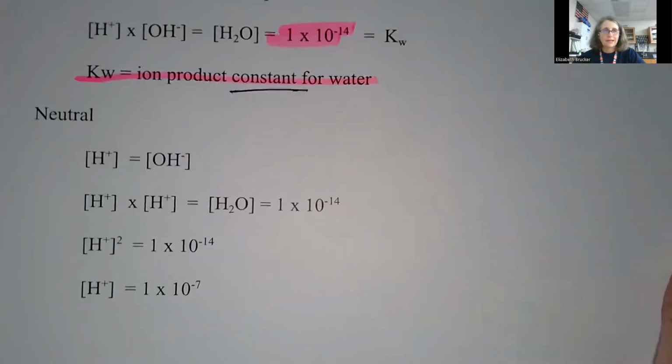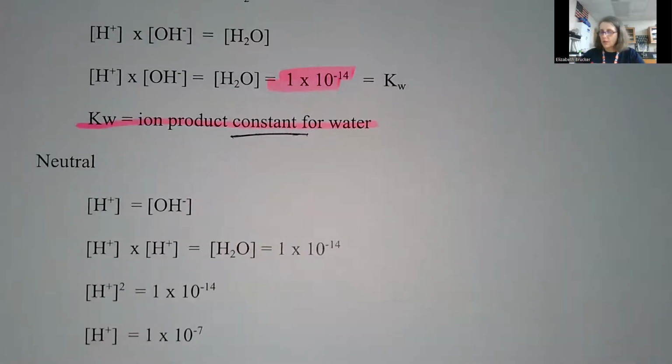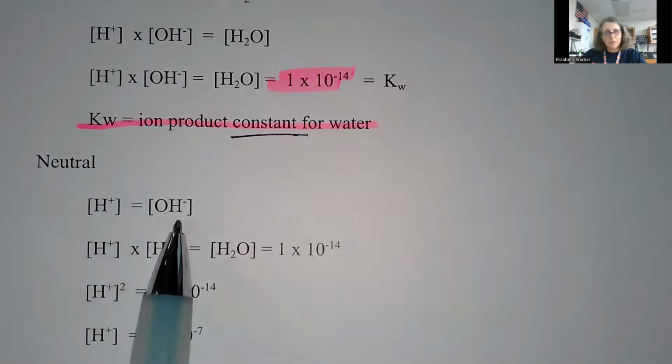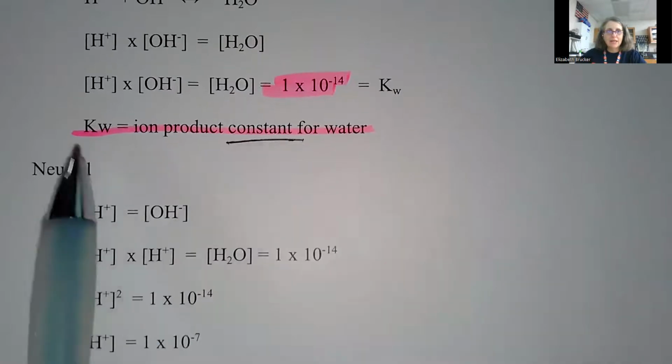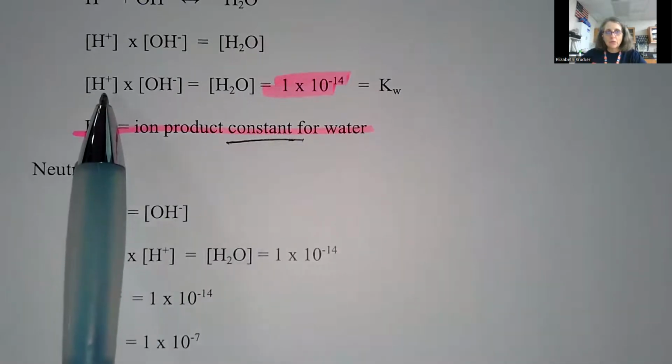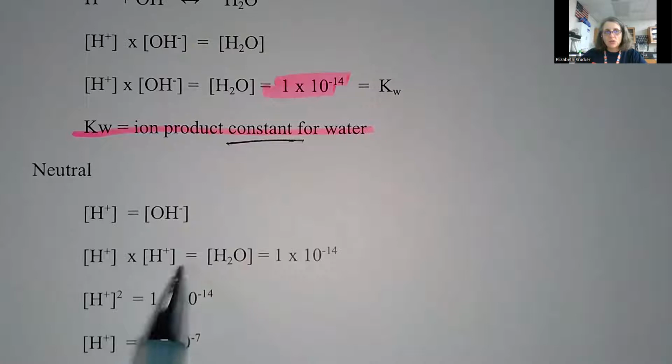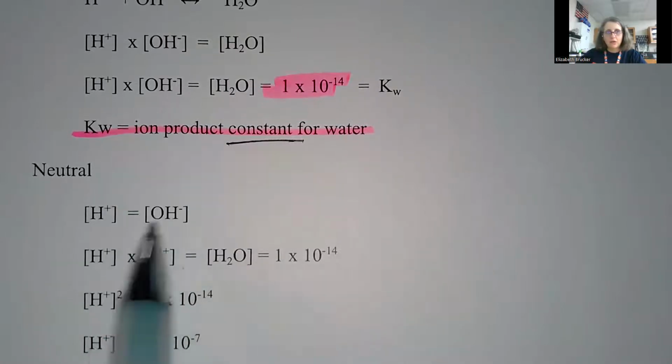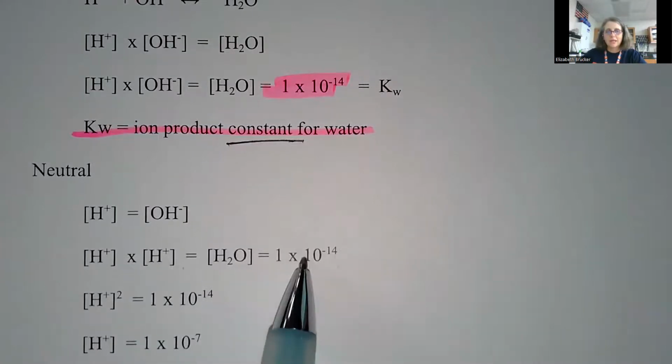So if I go back to my definition of neutral, H plus and OH minus are going to be equal. That is my definition of neutral. What if that's the case? I could then substitute in for this equation another H to make it the same variable, essentially, because OH and H are the same. So that's H times H gives me Kw, 10 to the negative 14th.